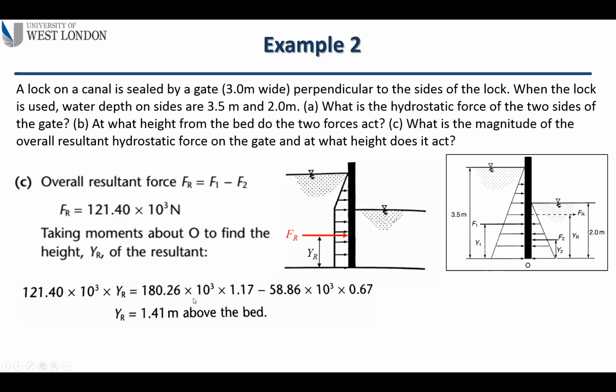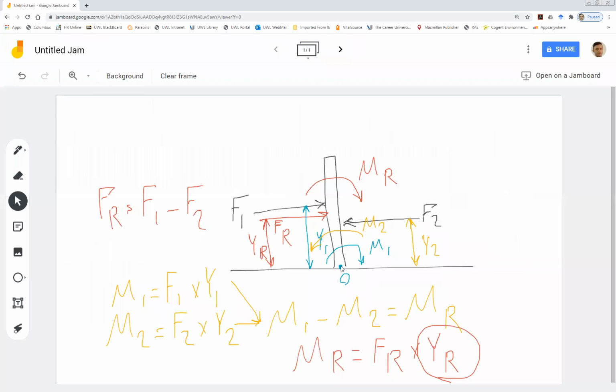Okay, why are we putting the minus sign here? Because the directions of M1 and M2 are in reverse. If you look here again, MR, the moment, this F1 Y1 applying to the right hand side is a clockwise direction, and M2 is the anti-clockwise direction.